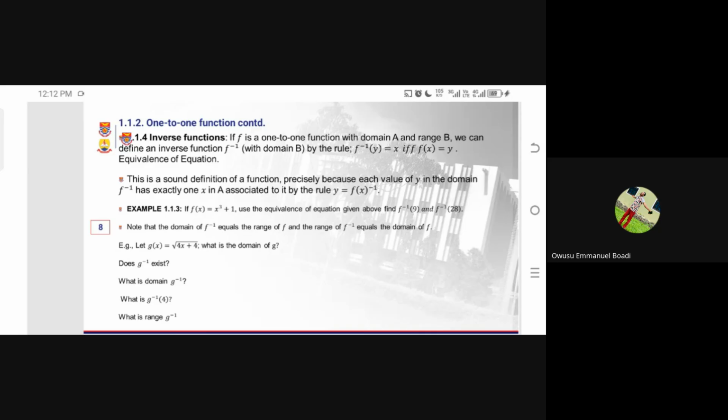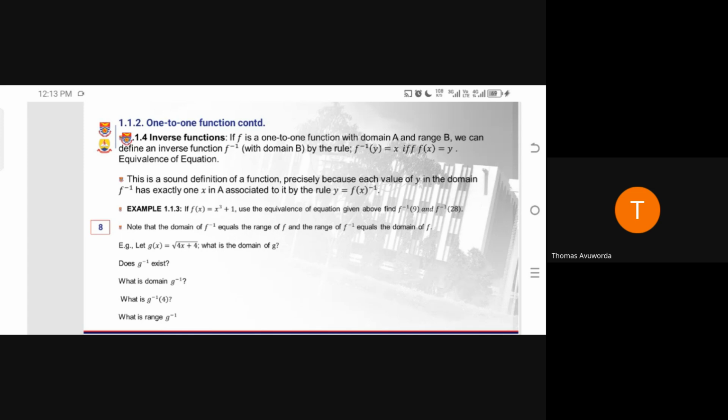Please, is it clear? Madam, can I help? Okay. When we solve our domain, what we had as our answer is x greater than or equal to -1. It means that when we put -1 into the function, we get a value under the square root that makes the function defined.